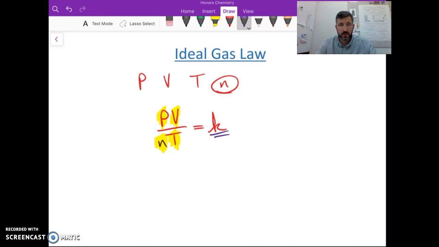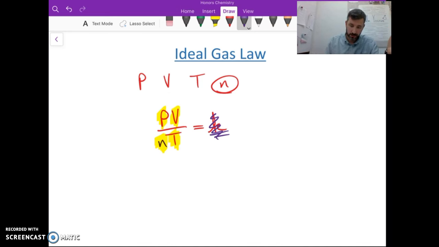For this reason, we don't use the lowercase k anymore. The lowercase k, remember earlier, with the combined gas law, Boyle's law, etc., signifies that if we hold these things constant, we always get the same answer. We've erased that stipulation, and now we're saying, since all four variables are present, that we always get this same answer every single time.